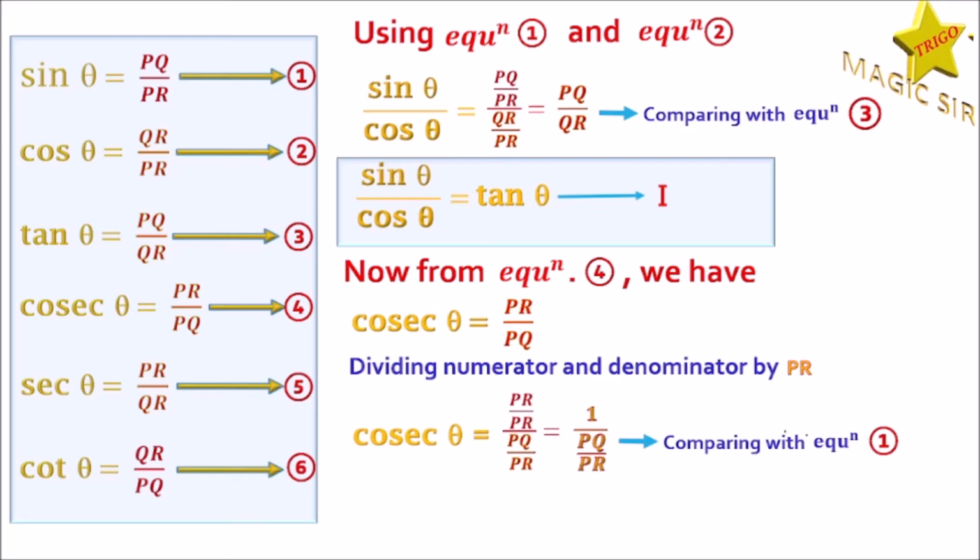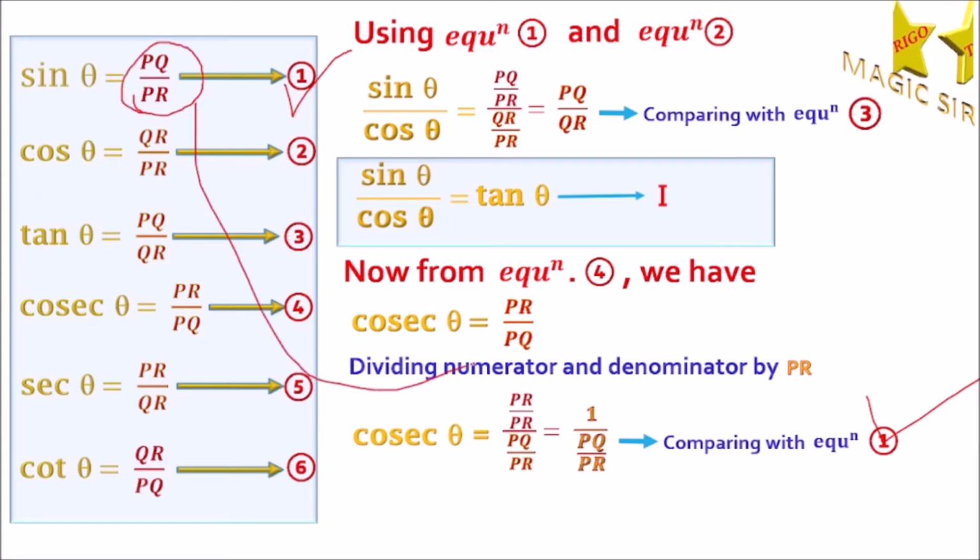Comparing PQ upon PR with equation 1, sin theta is equal to PQ upon PR, and here cosec theta is equal to 1 upon PQ upon PR. So we can take PQ upon PR is equal to sin theta.